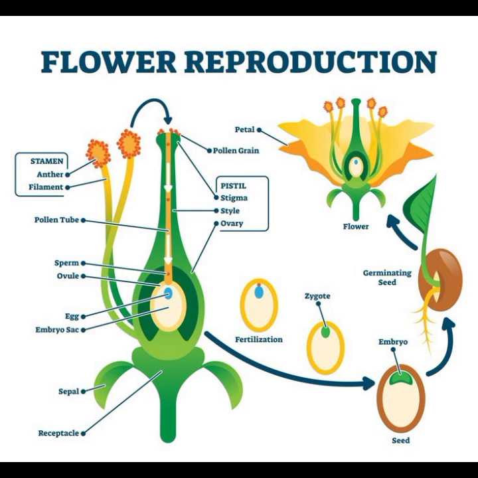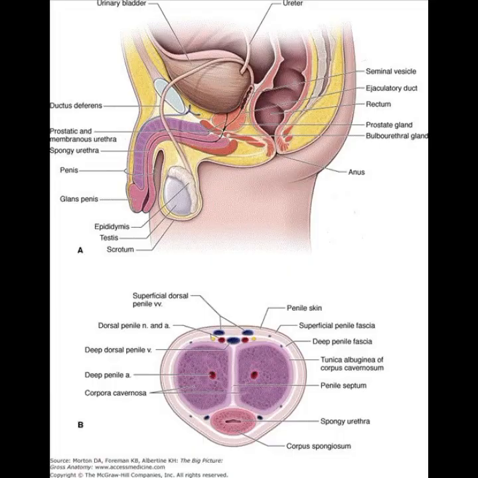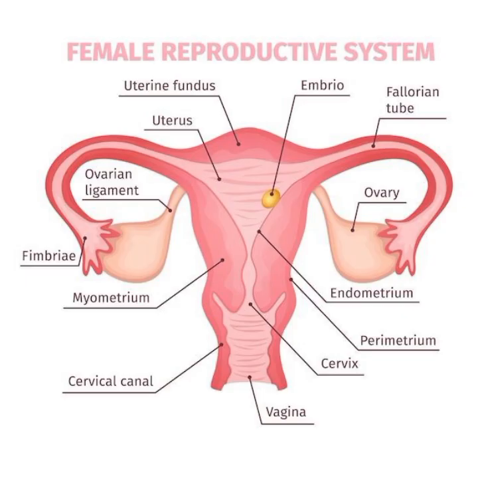The answer to this is self, pollen from the same flower, whilst cross is pollen from another plant. WAEC question 7A from the year 2015. They were asked to label parts of the human reproductive system in the diagram provided.